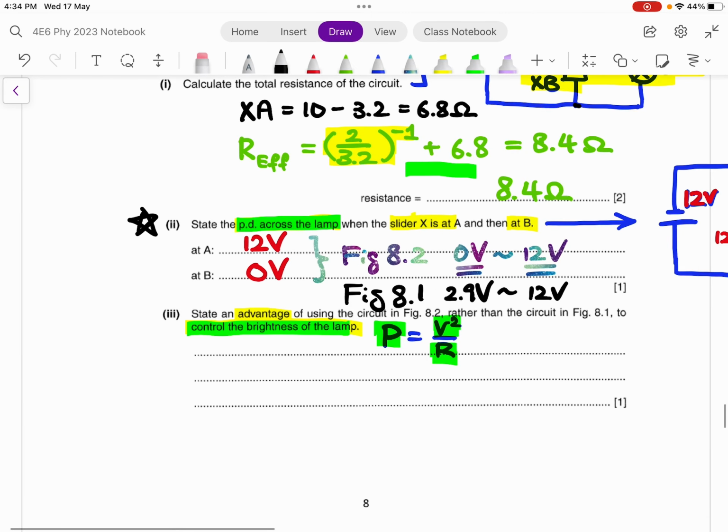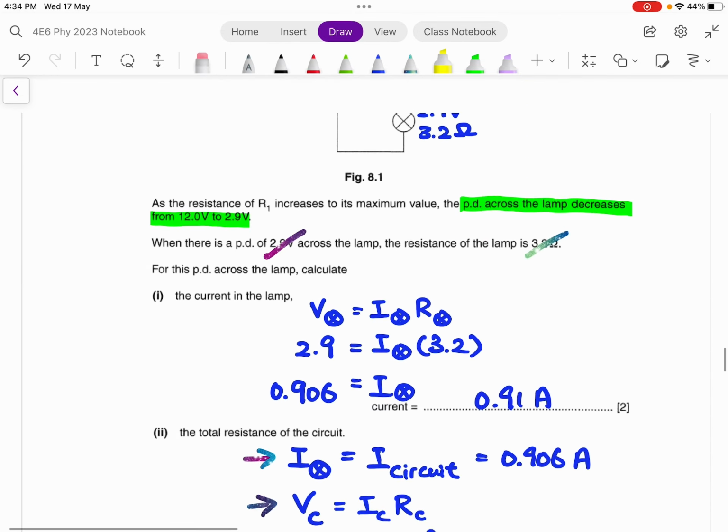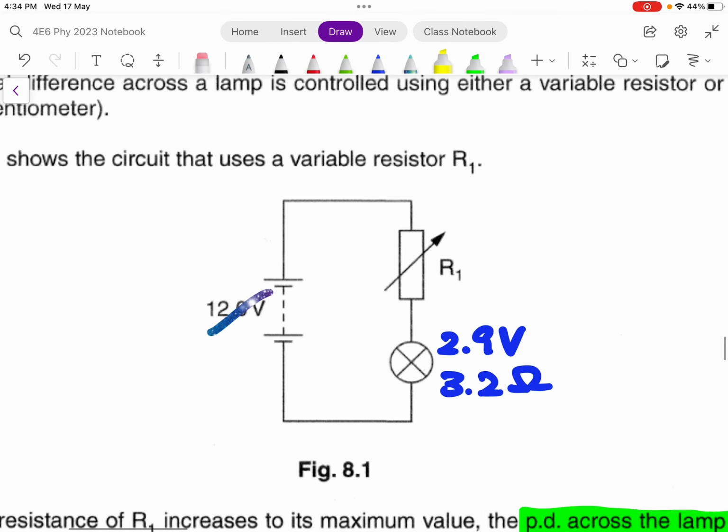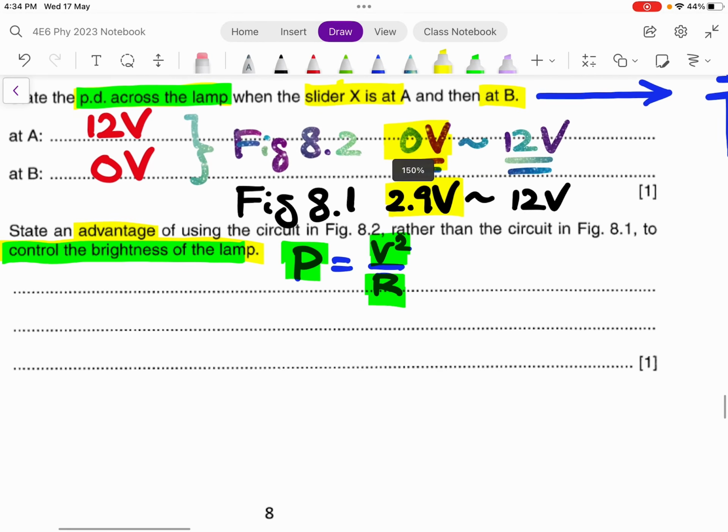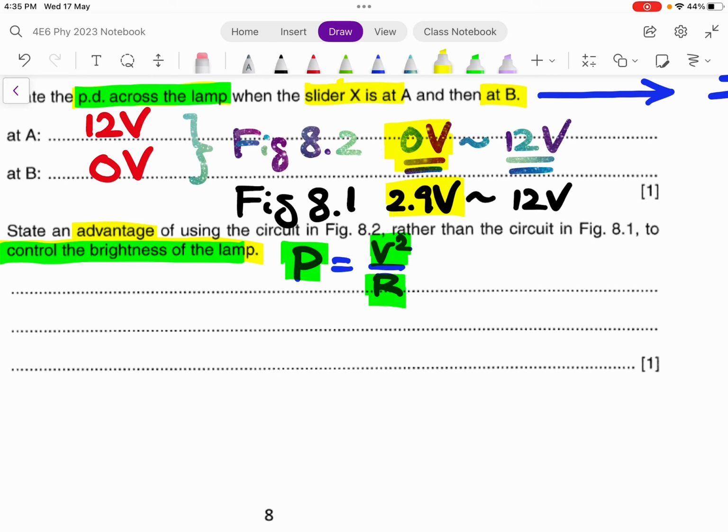Hey, what did I see? I see that 8.2 can go all the way to 0. 8.1 can go only to 2.9, meaning what? Meaning in 8.1, and furthermore it doesn't have a switch. Meaning what? In 8.1, the lamp is always on. Correct or not? So what is the advantage? You tell me now. Can you see?